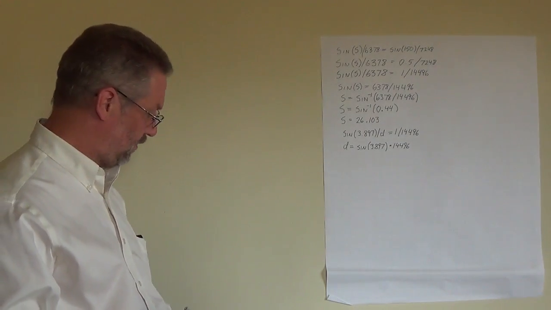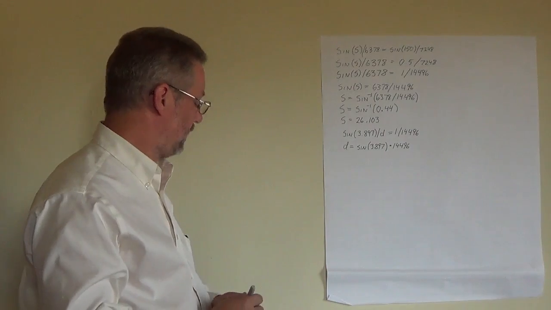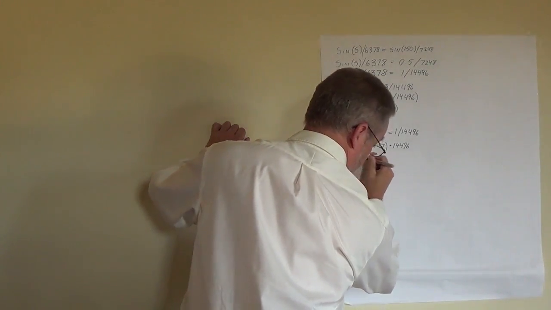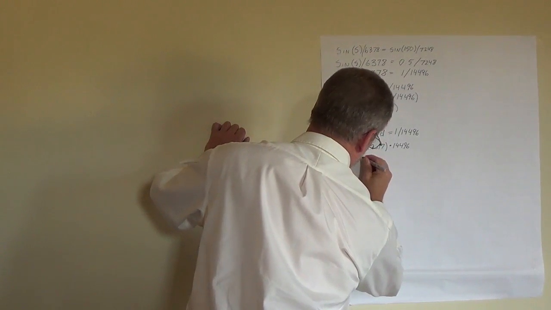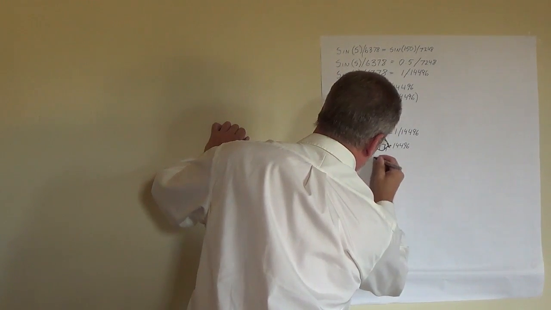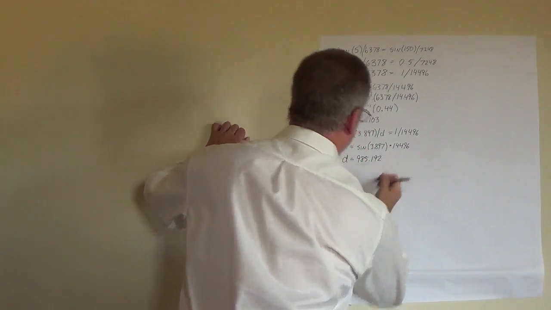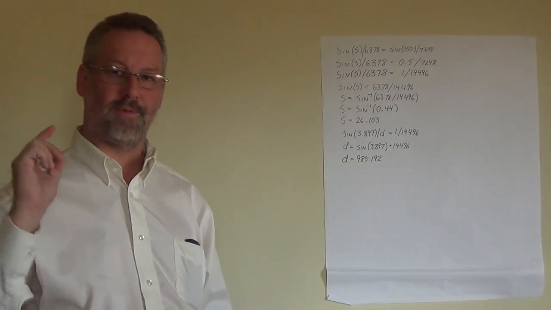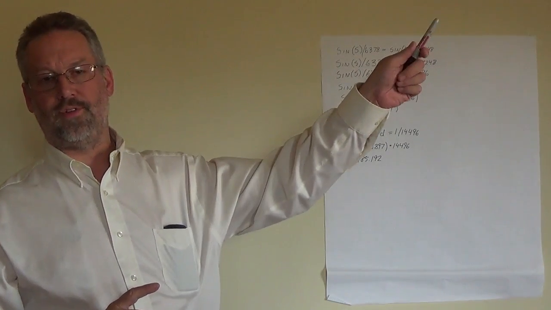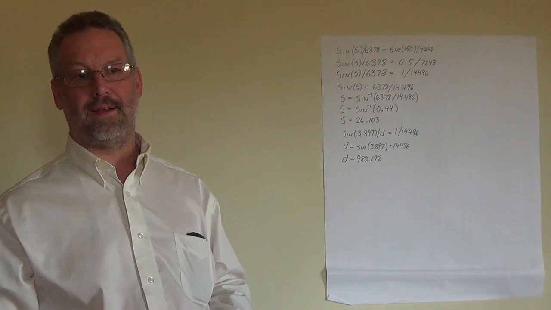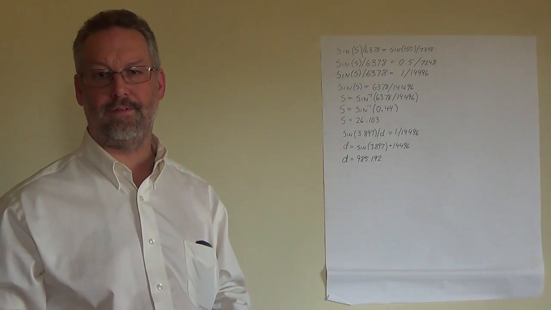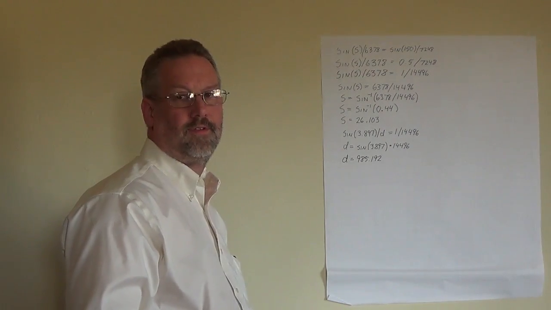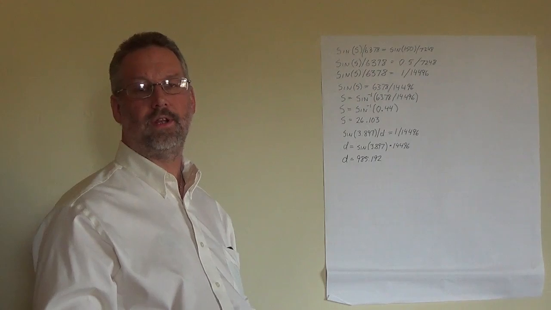So at that point in time, we can solve that problem the same way, and then we discover that D is equal to 985.192. Our slant range, the distance from the ground station to our satellite, is 985.192 kilometers. This is great. This tells us the distance that we need to know.